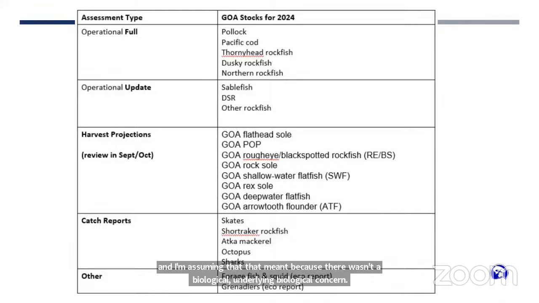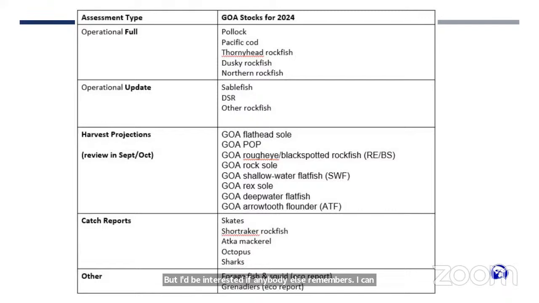I can see Sarah thinking too, and I know that you wrote the other paper, and Thornyheads was one of them. And I think on that one, shortraker was the only concern, right? Through the chair. So rougheye blackspotted, I think earlier you mentioned rougheye blackspotted last year. The issue the SSC had was with shortraker, and rougheye blackspotted is the stock that there is data that suggests that there is some spatial structuring of the population.